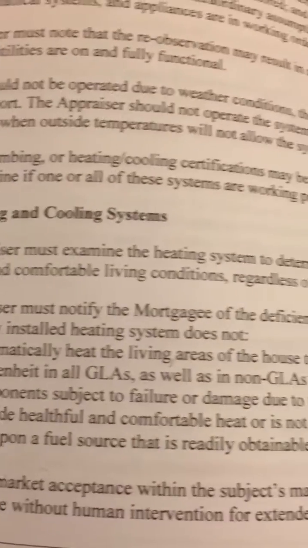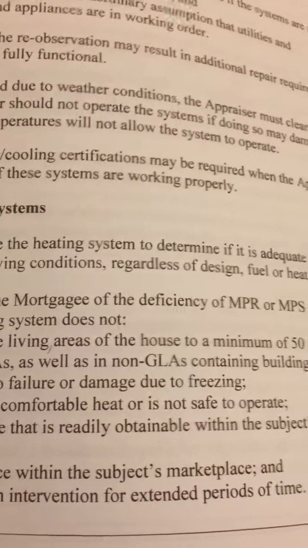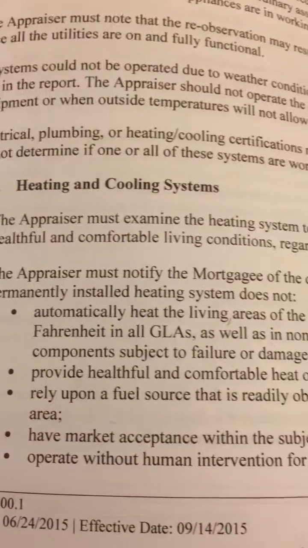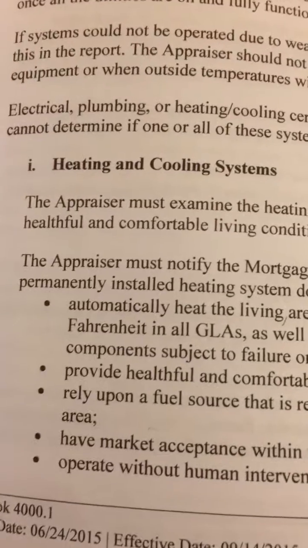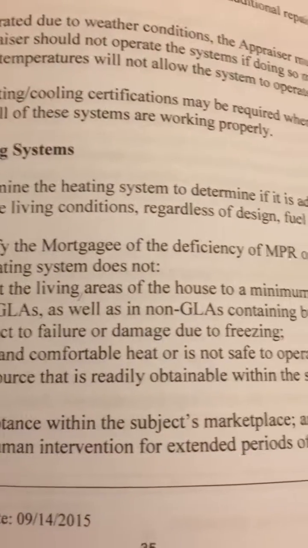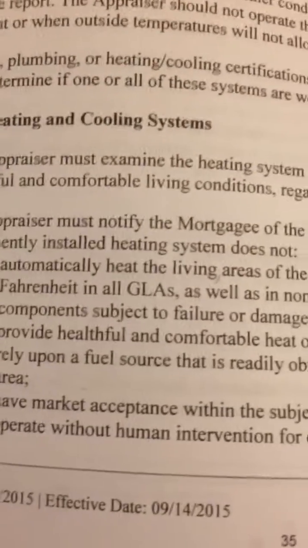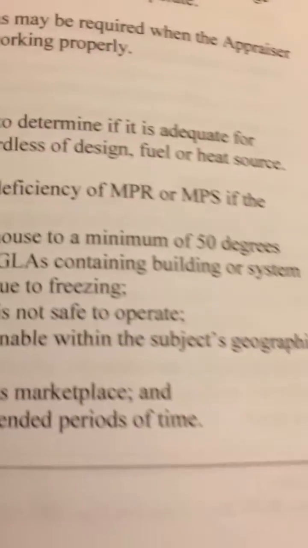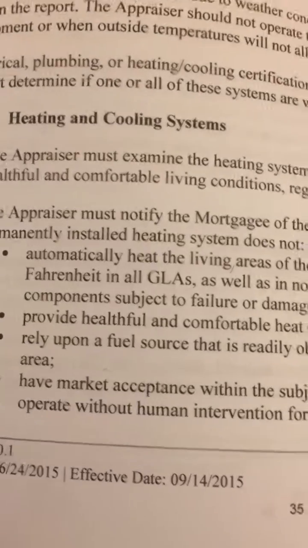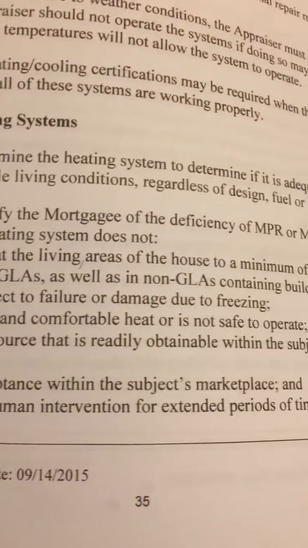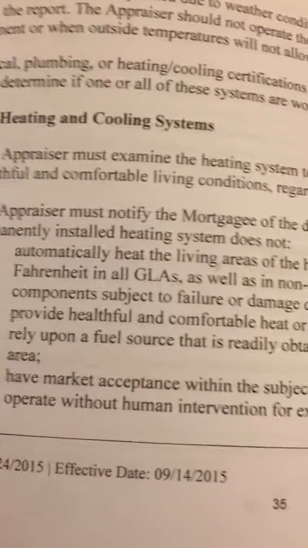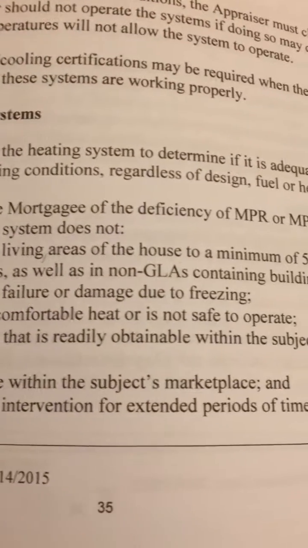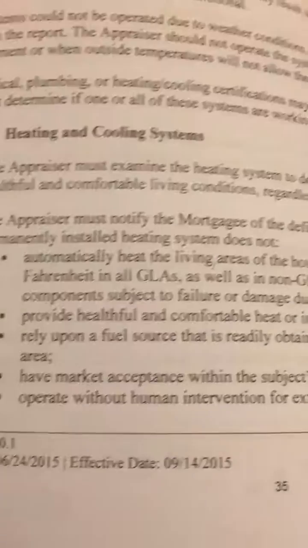The appraiser must notify the mortgagee of the deficiency of MPR or MPS if the permanently installed heating source does not automatically heat the living areas of the house to a minimum of 50 degrees Fahrenheit in all gross living areas, as well as in non-gross living areas containing building or system components subject to failure or damage due to freezing. Provide healthful and comfortable heat or is not safe to operate.